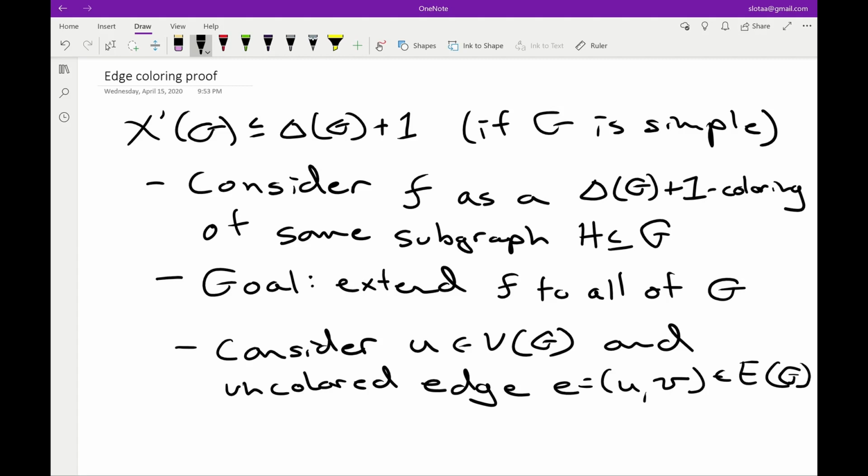This is an algorithmic approach to the proof. We consider F as an existing coloring, because it could just be a coloring on one single edge, which is obviously less than or equal to the maximum degree plus 1.